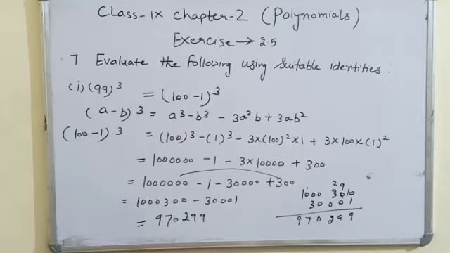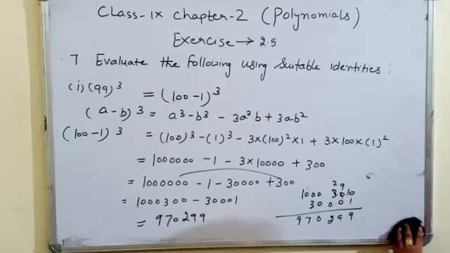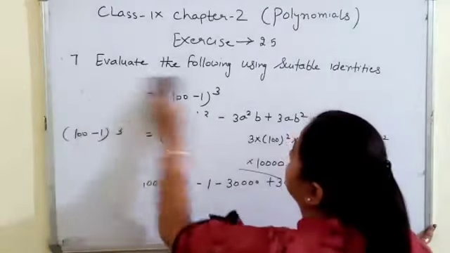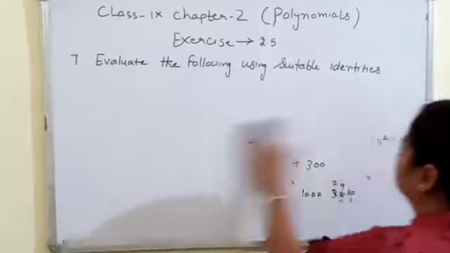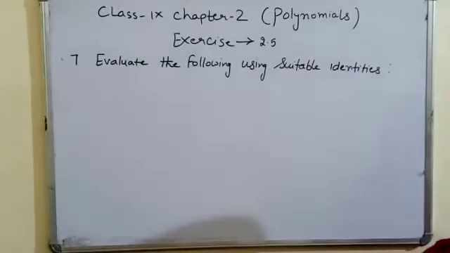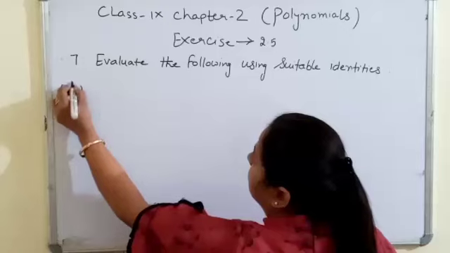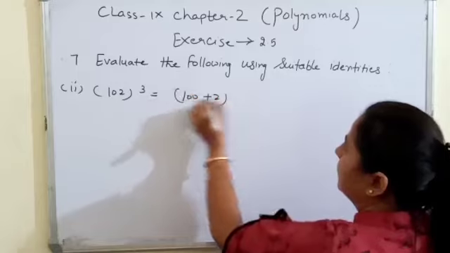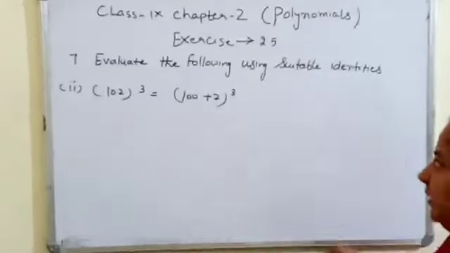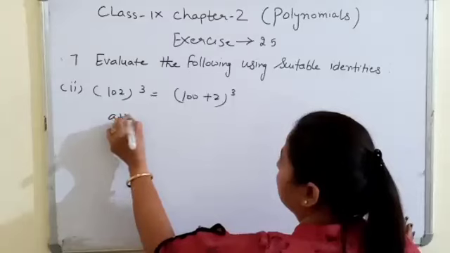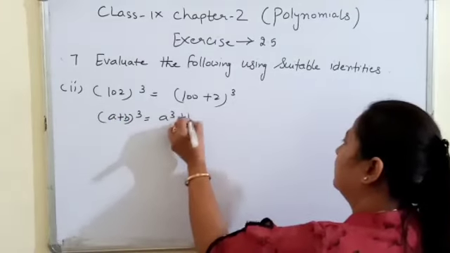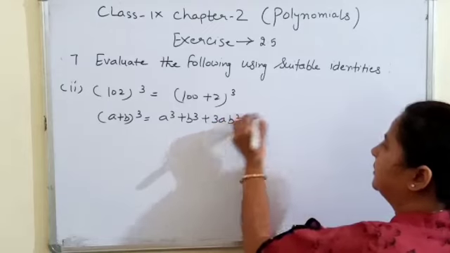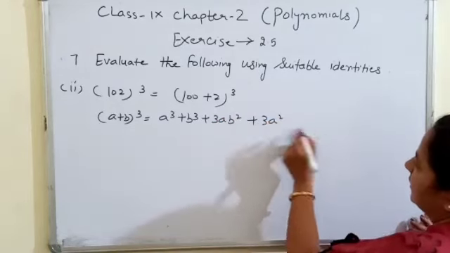Let's solve the second. In the second part we have to solve 102 cube. In the second part, 102 cube, we can write it as 100 plus 2 whole cube. So we will apply the identity for plus, that is a cube plus b cube plus 3a square b plus 3a b square.